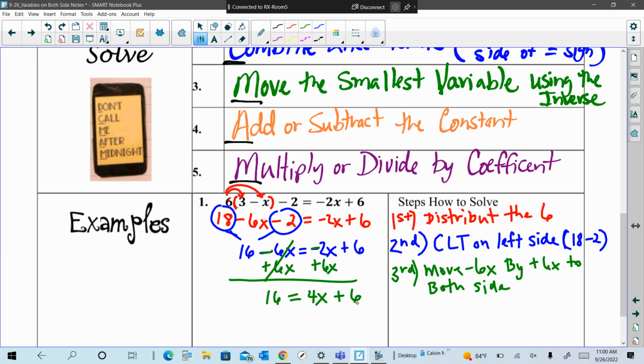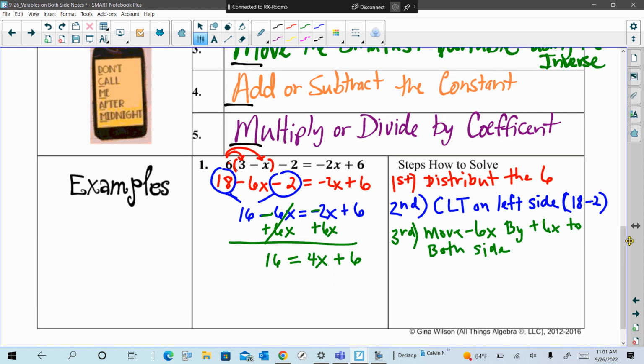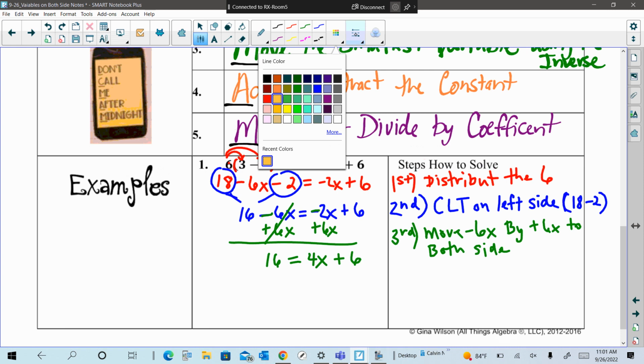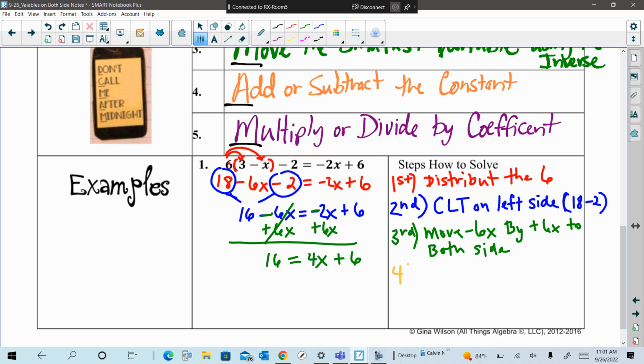All right, now step 4 says add or subtract the constant. Where is the constant in the equation? Yeah, the plus 6. So what we're going to do for our 4th step is do the opposite of that.